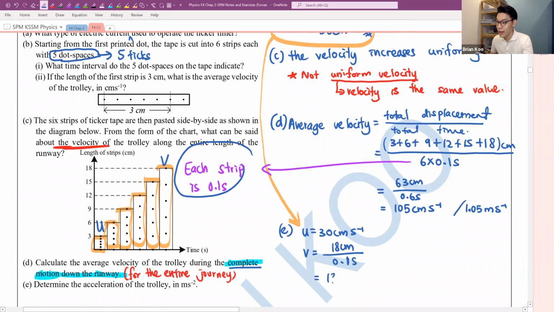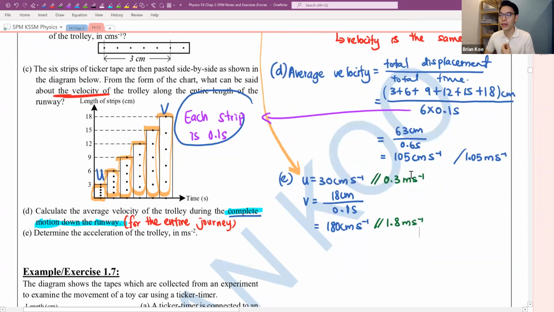Then we will get 180 cm per second. You can use meters, okay? Nothing wrong with cm, but I prefer meter because it's the SI unit. Okay, acceleration is, let me write out the formula.